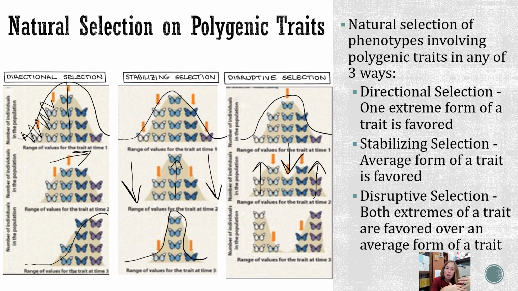The dark butterflies could sit on the dark rocks. The light butterflies could sit on the light trees, but those blue guys don't fit anywhere anymore, right? So the blue guys go down, the other two go up. And it diverges or it disrupts our population, and our population ends up splitting more. This one tends to lead to speciation in the long run. We'll talk about that later.